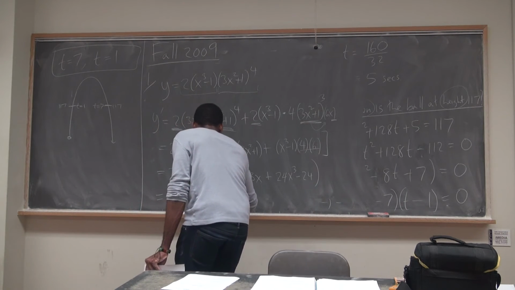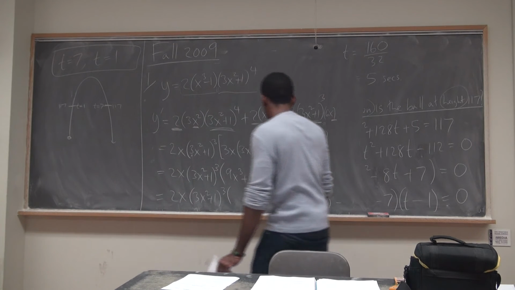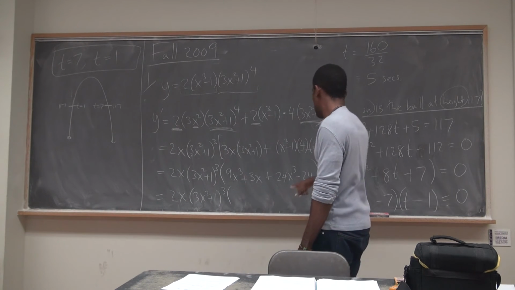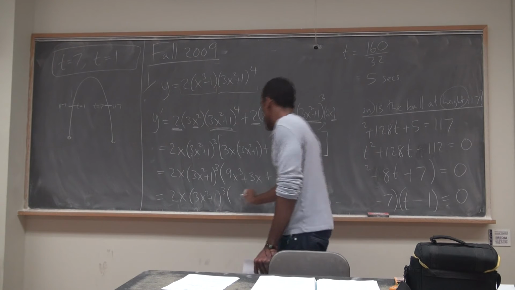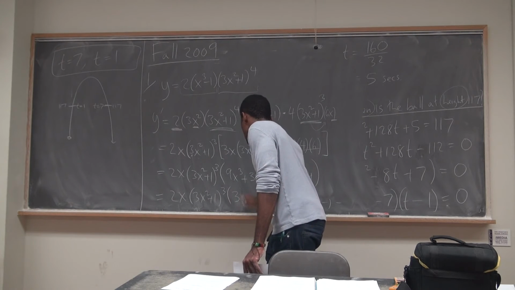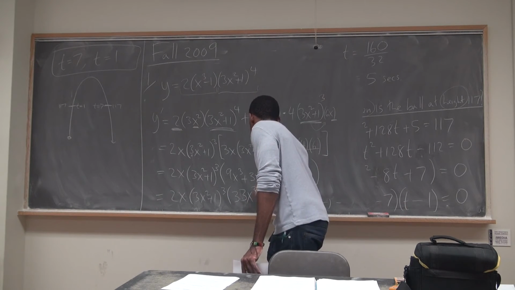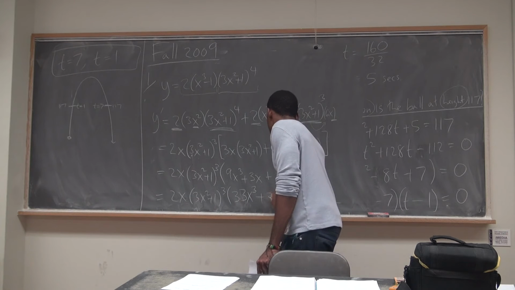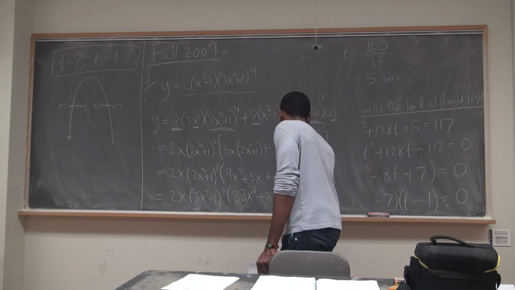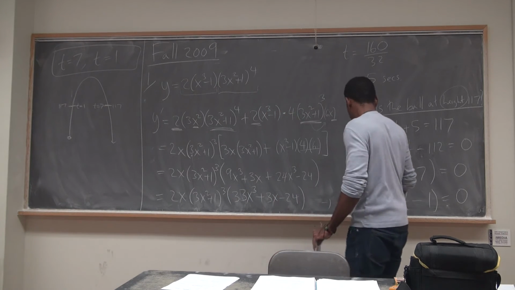So it's 9x cubed plus 24x cubed, this would be 33x cubed, plus 3x minus 24. And that's your answer.